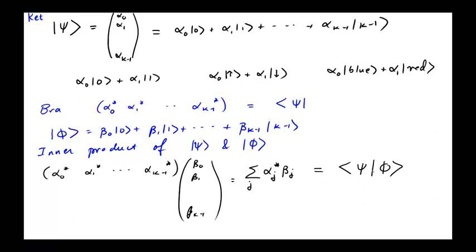Once we have an inner product on our space, we can also, of course, define the length of a vector. The norm of psi, or its length, is just the inner product of psi with itself, and then the square root of that.